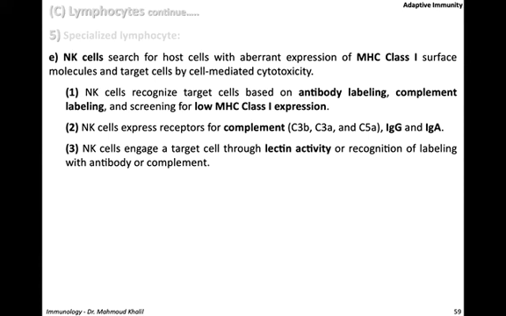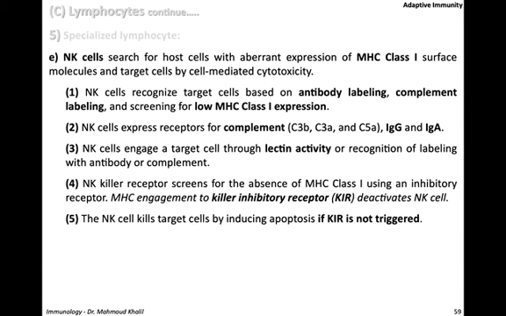And NK cells engage a target cell through lectin activity. If you remember, the lectin pathway leads to activation of the complement system, or by recognition, if the target cell is recognized and labeled by antibody and/or complement. That's why NK cells express receptors for complement and antibody, because they recognize target cells labeled with antibody or complement.